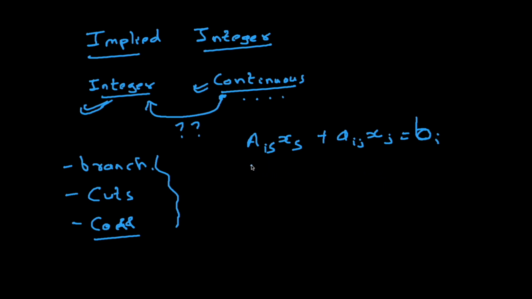In this type of constraint, which is an equality constraint, we can mark this variable, if this is the only continuous variable in our entire equation.